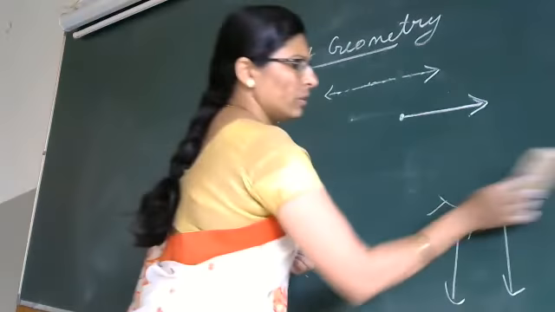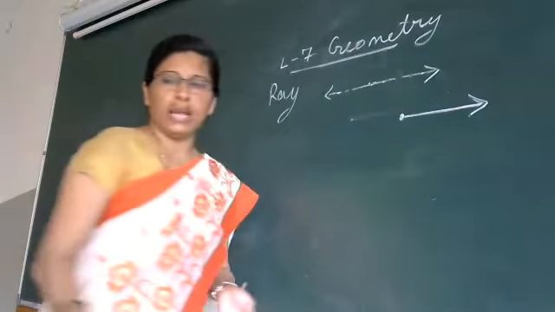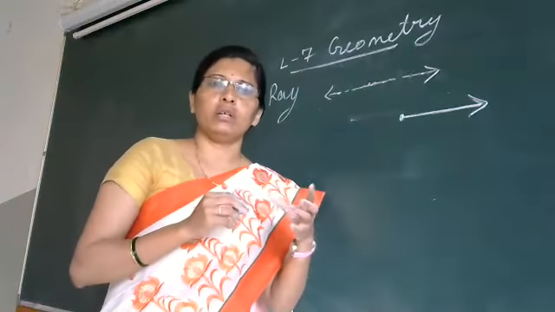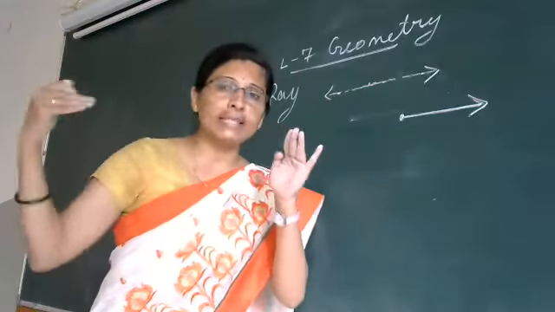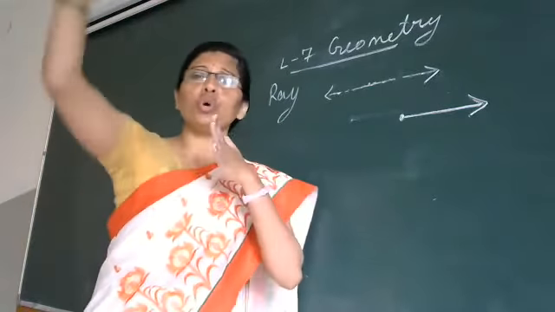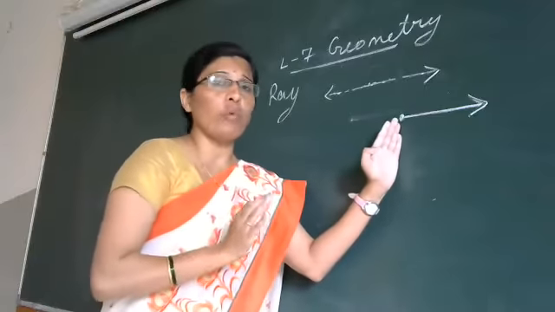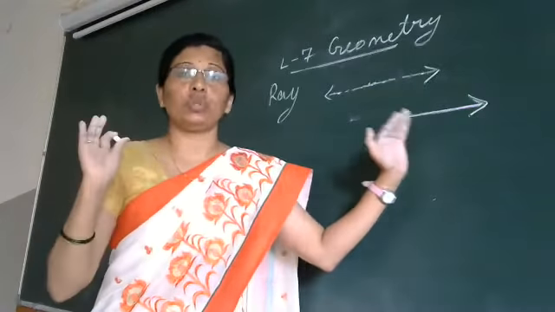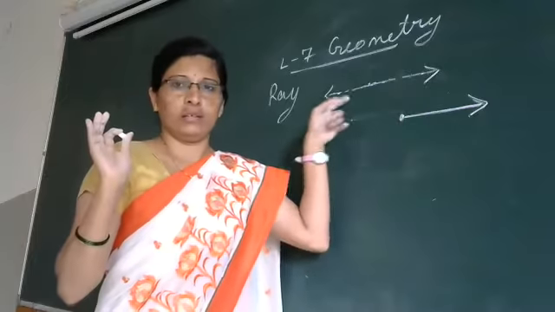Like light. Yes, sunlight and light also. When you switch on the bulb, from there rays come out. So it starts from one point and it goes in the other direction. So that is a ray.